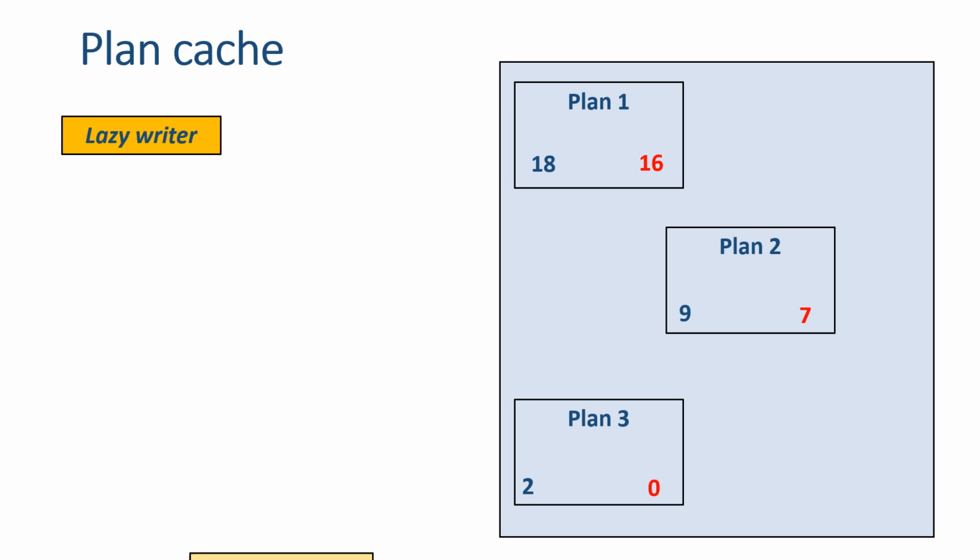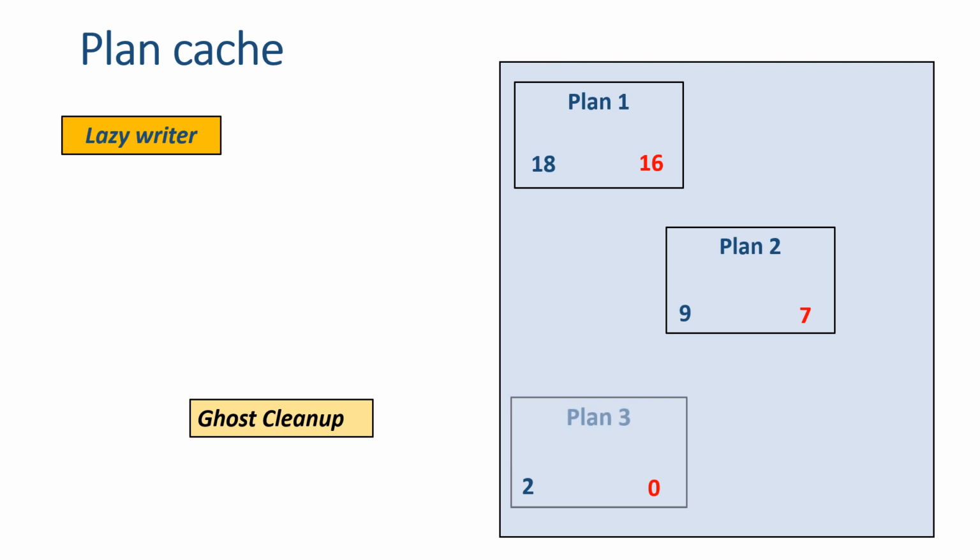There is something known as ghost cleanup, which is kicked in every few minutes by SQL Server automatically. It goes ahead and checks if there are any execution plans with a zero complexity countdown value. Once it finds them, it flags them as ghosted. That means they are still in memory, still in the plan cache, but they are in a half life.